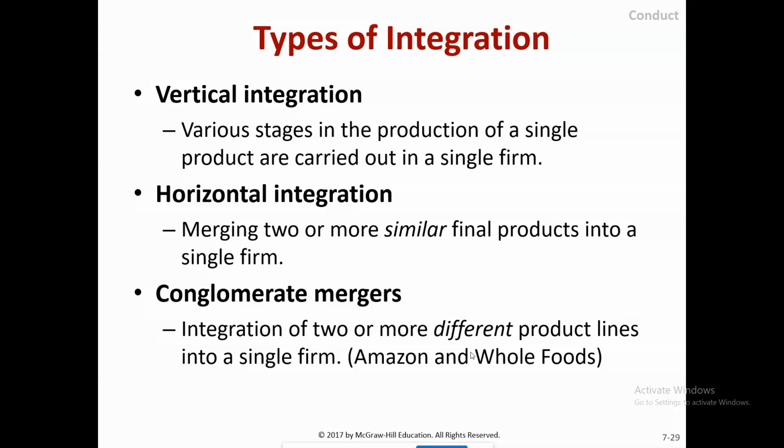Lastly, conglomerate mergers refer to the integration of two or more different product lines into a single firm. In many cases, companies are worth much more together than separately.